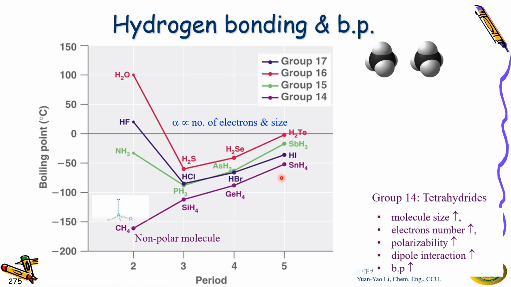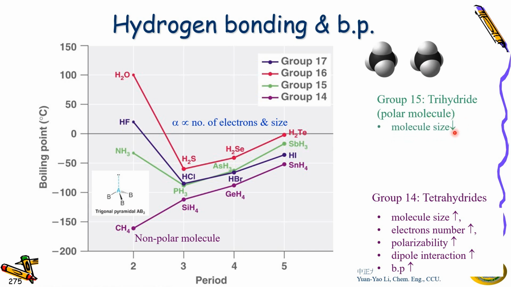If you take a look at group 15, which are polar molecules, you replace the nitrogen with phosphorus, so you have PH3, NH3, and AsH3, something like this. As you can see, we take another way around.